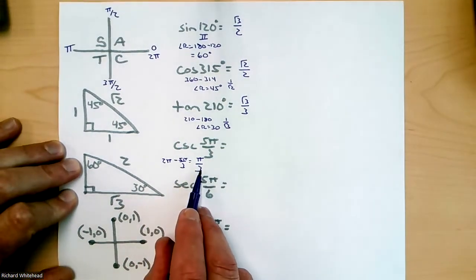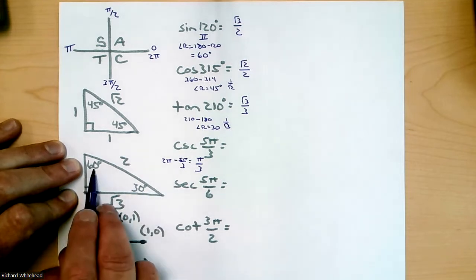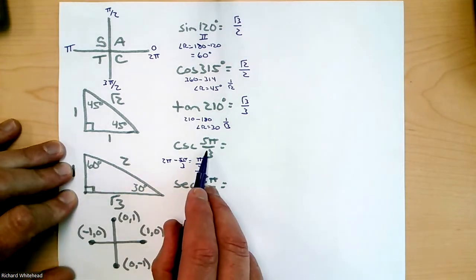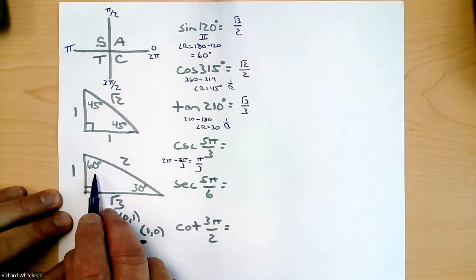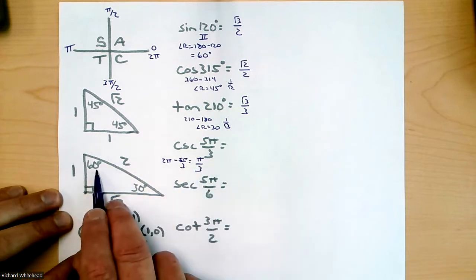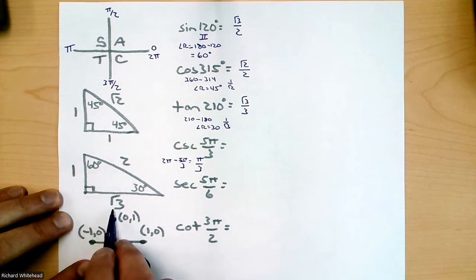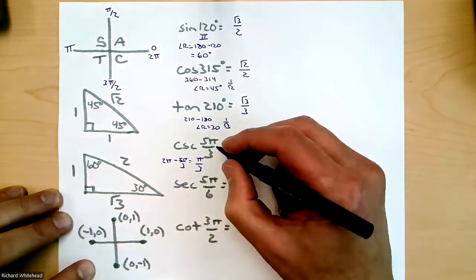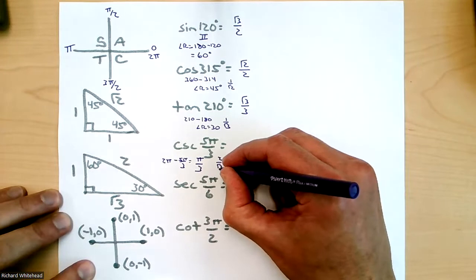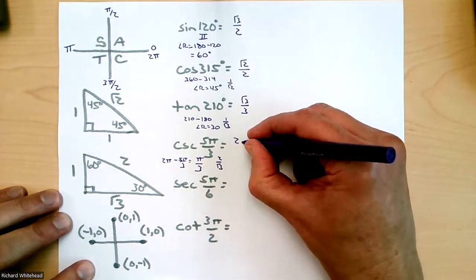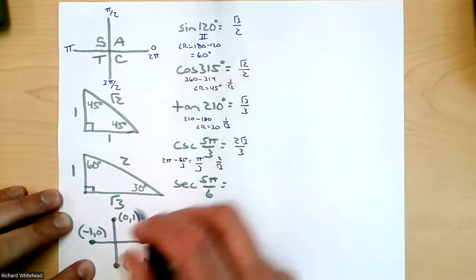So our reference is pi over 3, which we know goes with 60 degrees. So cosecant of 60, pi over 3 goes with 60. Cosecant would be hypotenuse over opposite. So 2 over root 3, that's the annoying one. That makes 2 root 3 over 3 when you clean it up.